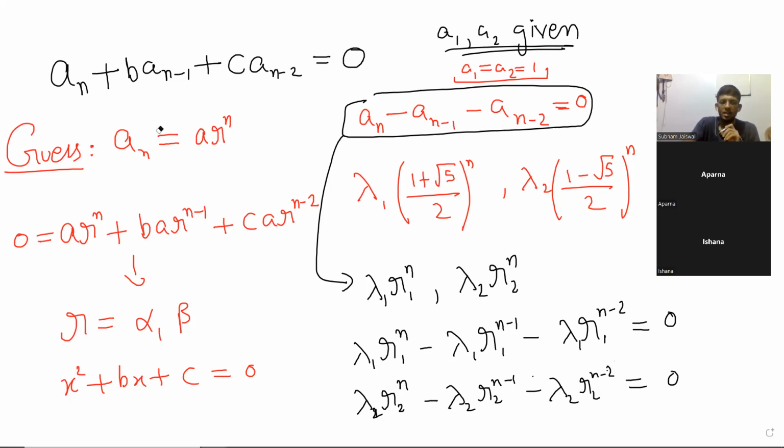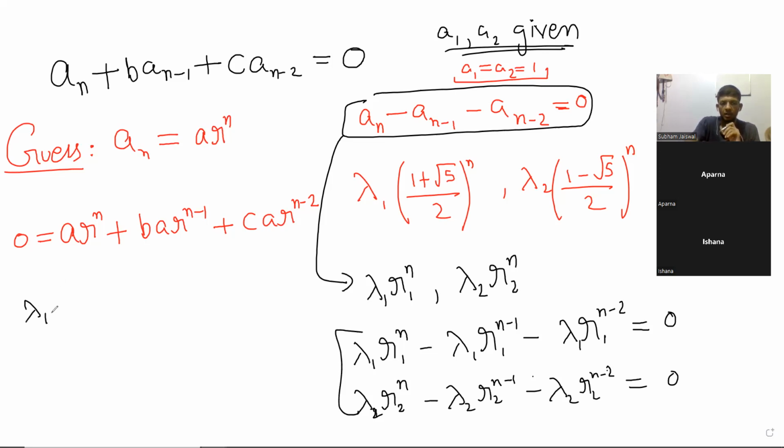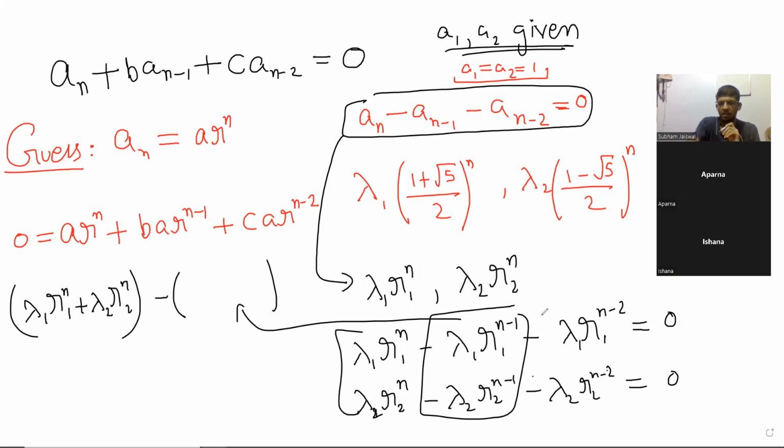But now we can just add. Just add these two. They will still satisfy the same equation, as easy as it looks. Again you can write this, and then you can write this.